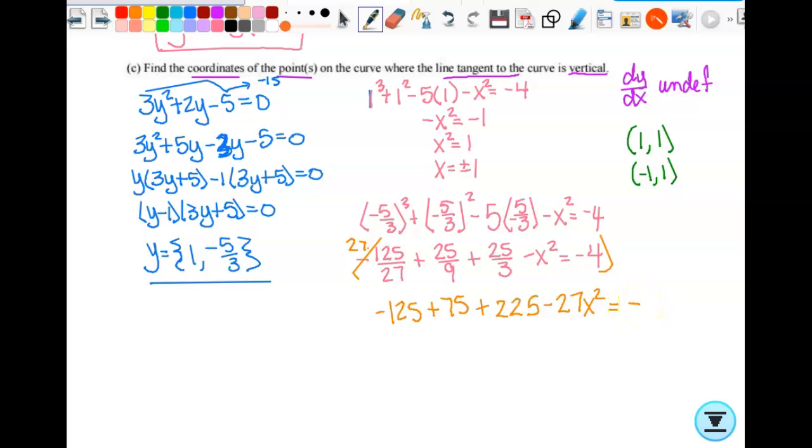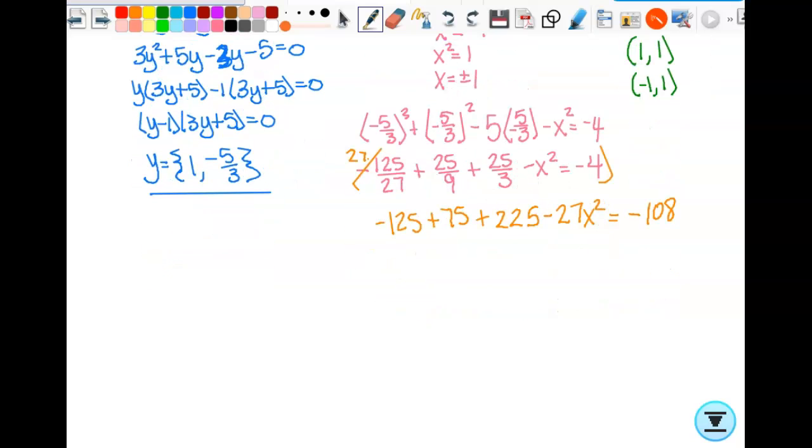So 27 times 2 is 54. Times 2 is 108. Okay, so negative 125 and 225 is 100, right? And then plus 75, that'll give me 175 minus 27x squared equals a negative 108. Everybody with me?